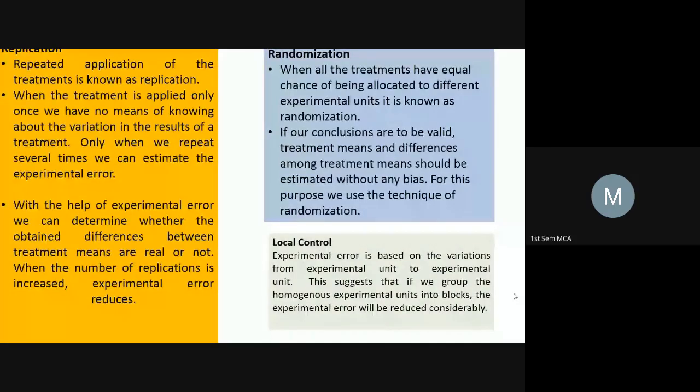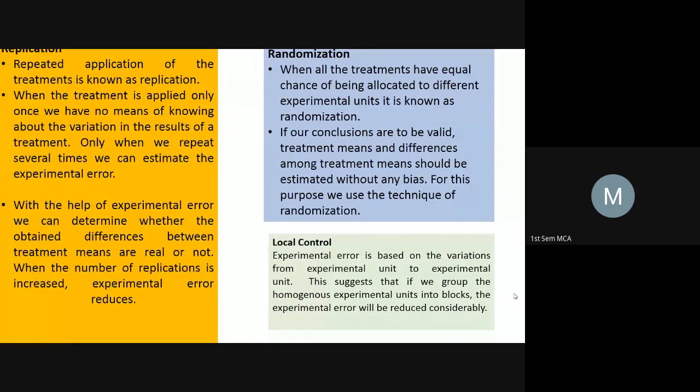So when all the treatments have an equal chance of being allocated to different experimental units, it is known as randomization. Say, for example, randomization will be something like this. There are 5 bright students. All are equal. Their marks are equal, knowledge is equal, politeness is equal.